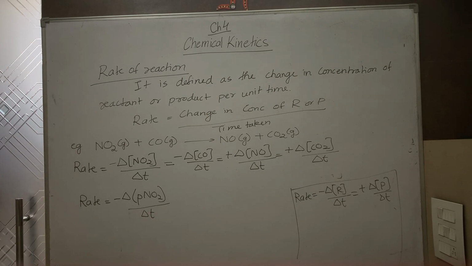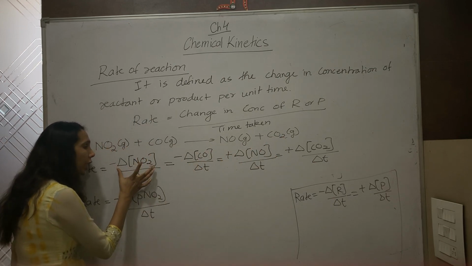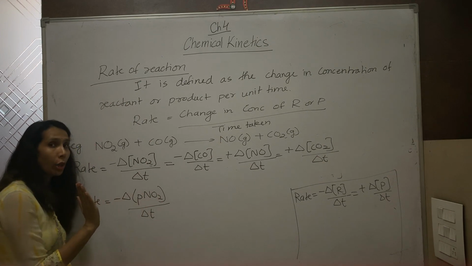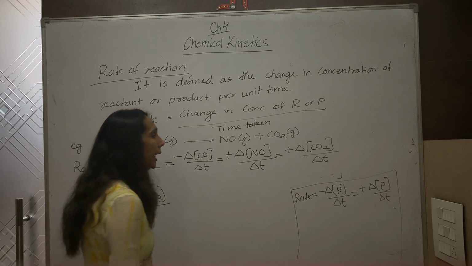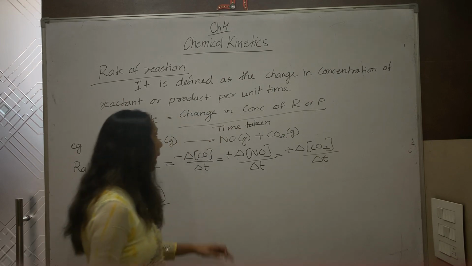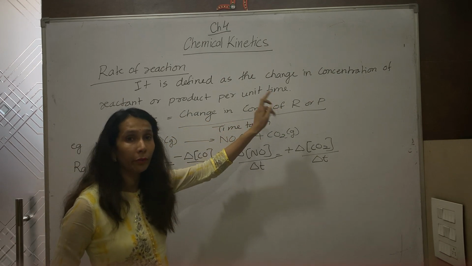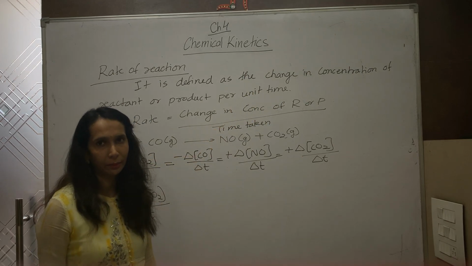Again, if the reactants and products are gases, instead of measuring the change in concentration, I can measure the change in partial pressure of the individual gases. And we can also write the rate of reaction in terms of partial pressure. So we can write the formula, change in partial pressure of the gaseous reactant or products upon time taken.